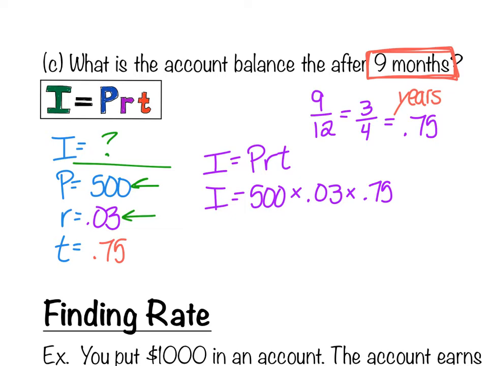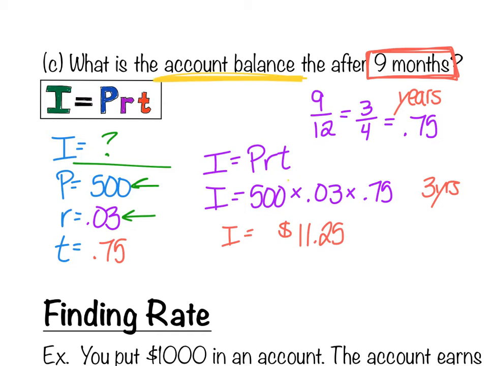So when I multiply 500 times 0.03 times 0.75, I'll get my interest, I, to equal $11.25. Now it's significantly smaller because last time I had it in for 3 years. Now I'm not even leaving it in for a full year. So you can see the interest amount is going to be much lower. But because it says what is the account balance, I still need to find the interest, but it says what is the account balance?